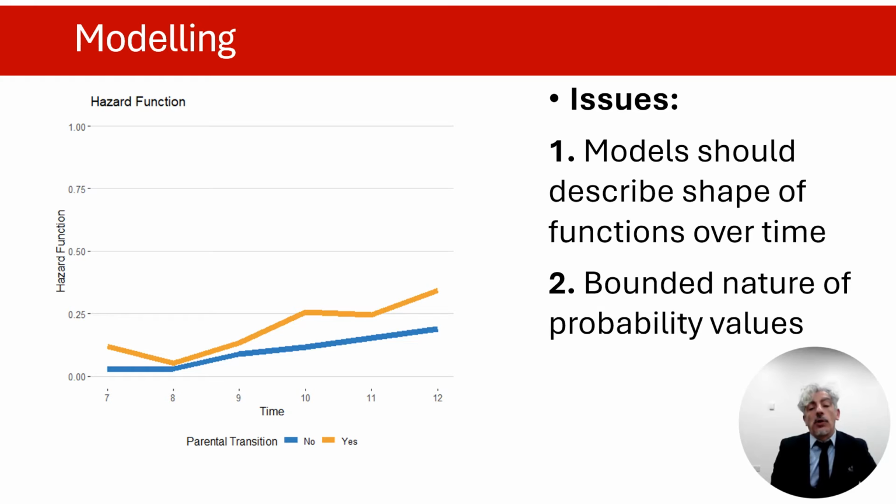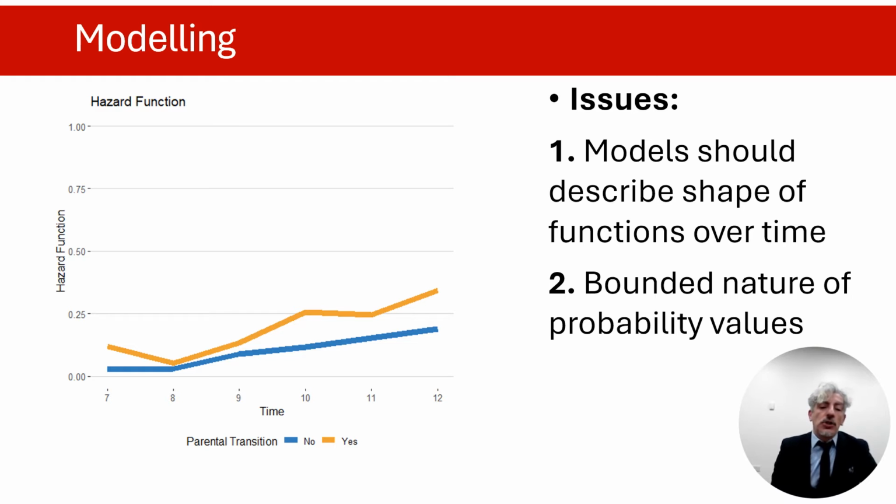This task is also complicated by the bounded nature of those estimates. The hazard function is a conditional probability, so its values should lie within 0 and 1, which makes the task of modeling the outcome difficult.